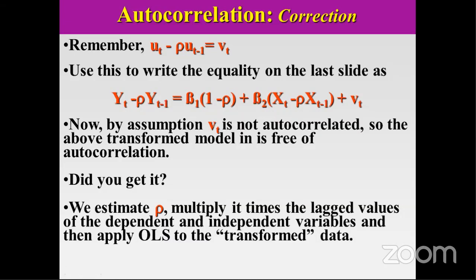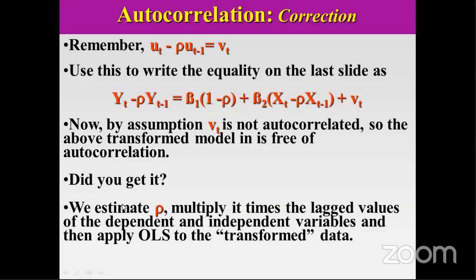By assumption, as I have told you, this vt is not autocorrelated, and so the above transformed model is free of autocorrelation problems. In your transformed model, your disturbance term is vt, which is not autocorrelated. Did you get it?